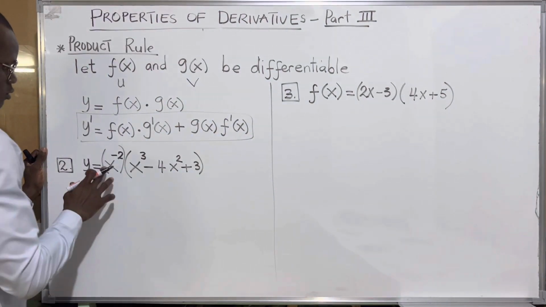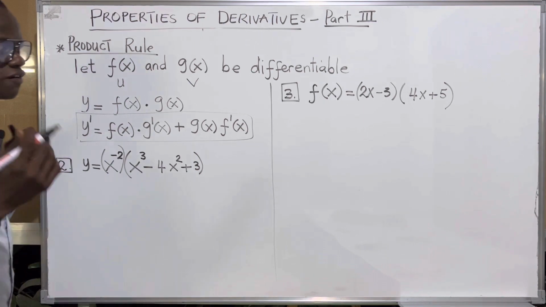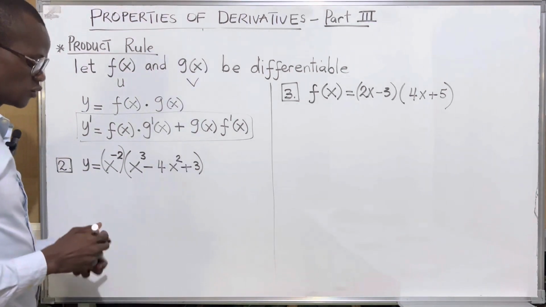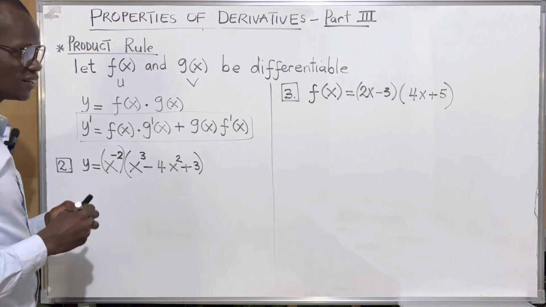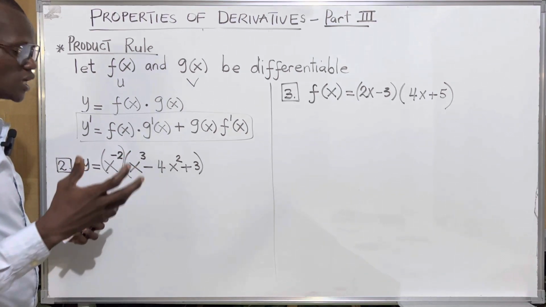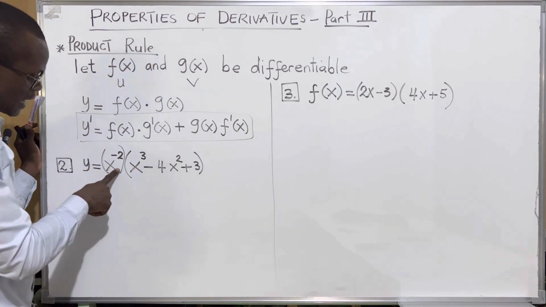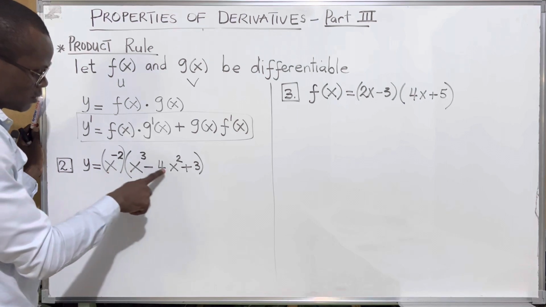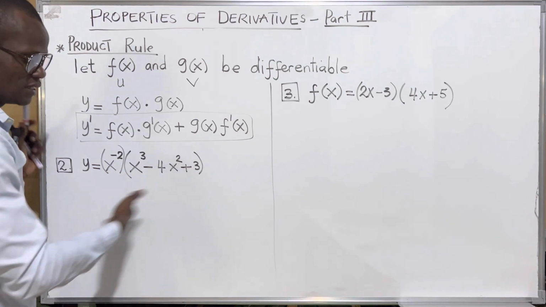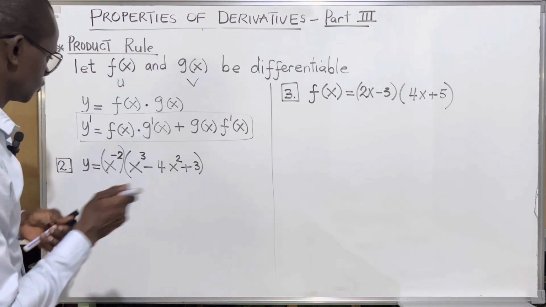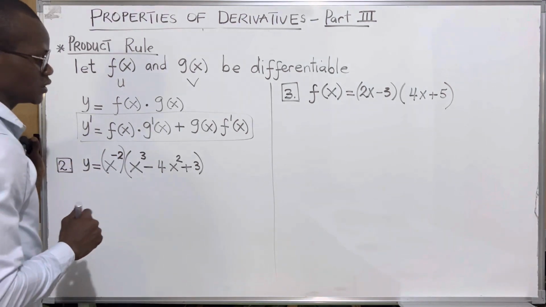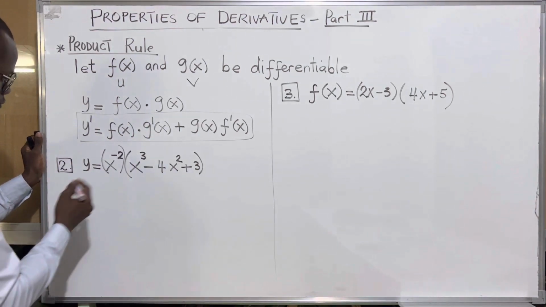So you can use the product rule if you were told to use the product rule. If you were told not to use the product rule, or to use any other rule, then you can multiply term by term and then differentiate. So let's do it either way, maybe we might do it the two ways.